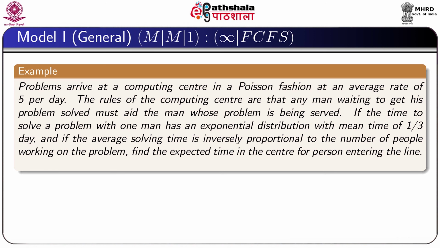If the time to solve a problem with one man has an exponential distribution with mean time of 1/3 day, and if the average solving time is inversely proportional to the number of people working on the problem, then find the expected time in the center for a person entering the queue.